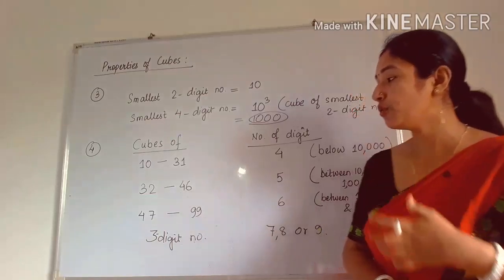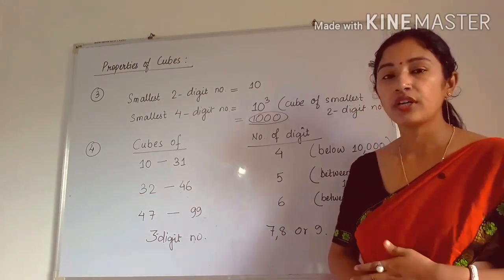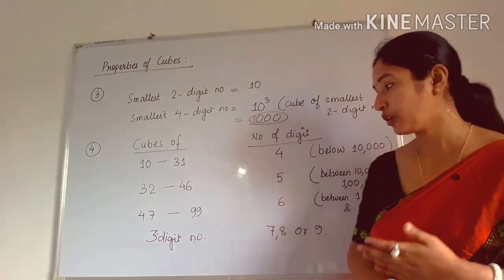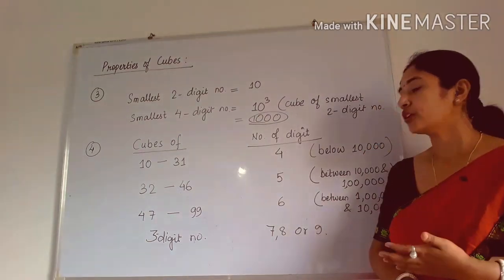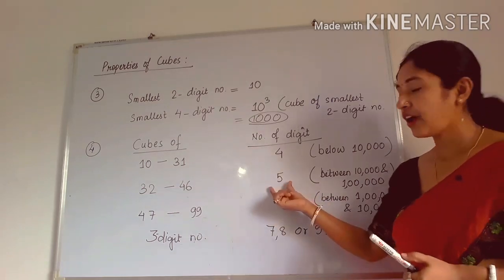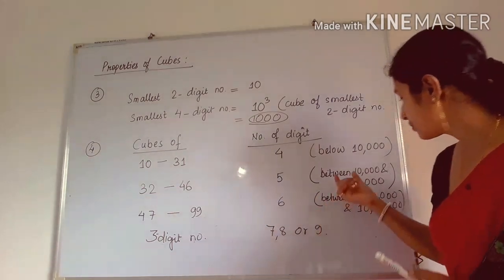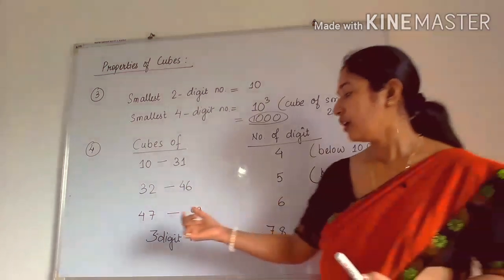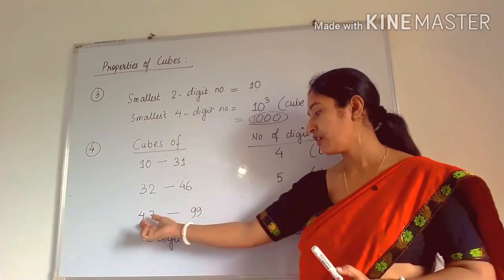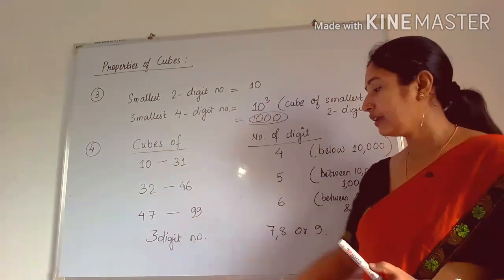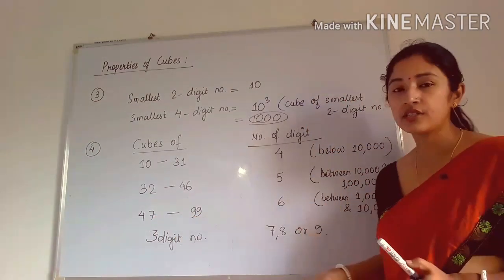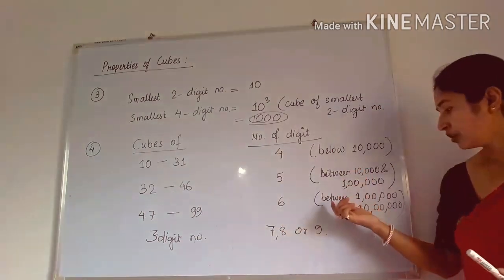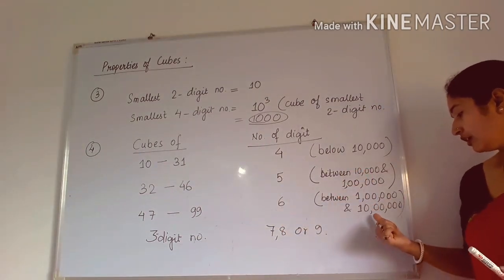Similarly, if I find the cube of 32 to 46, then all the cubic numbers are 5-digit numbers, between 10,000 and 1 lakh. Similarly, if I find the cube of 47 to 99, then the total digits in the cube number will be 6, and those are between 1 lakh and 10 lakh.